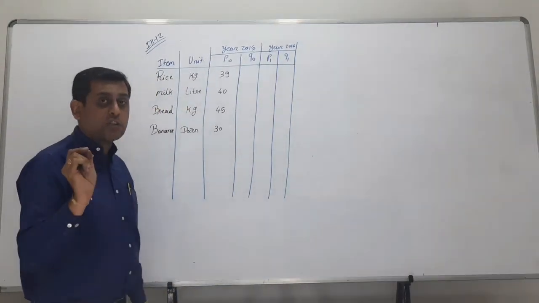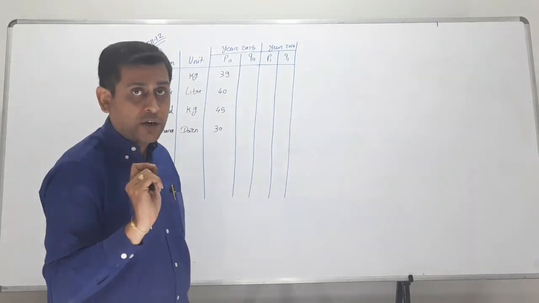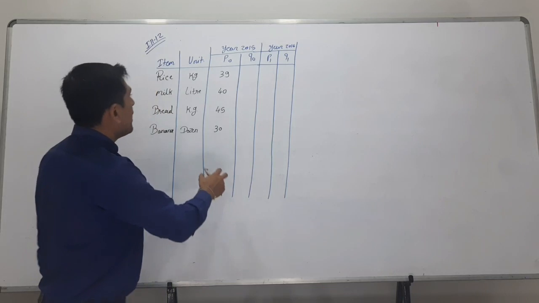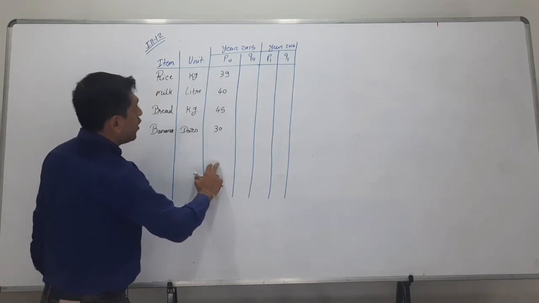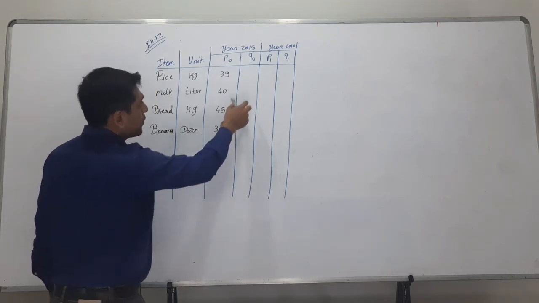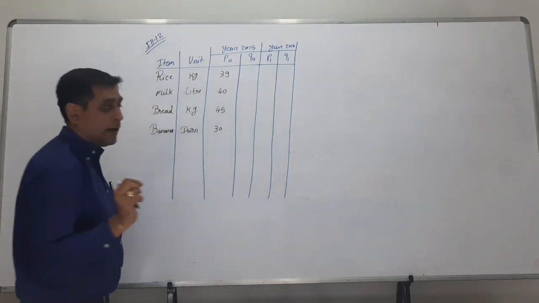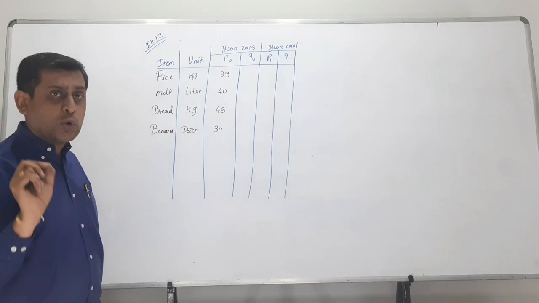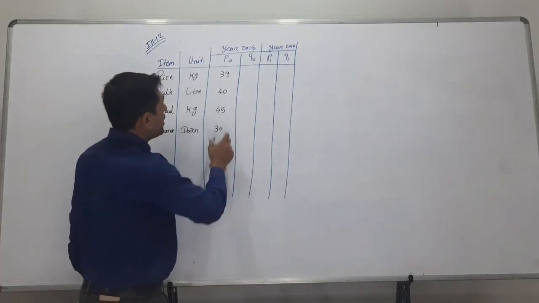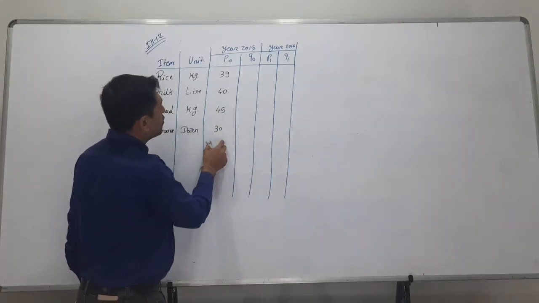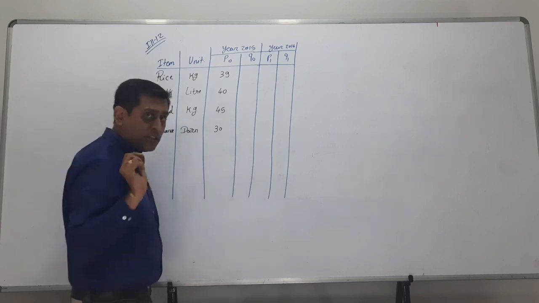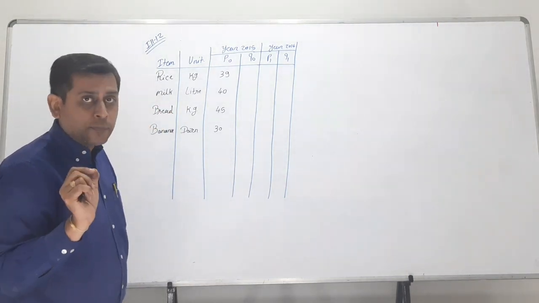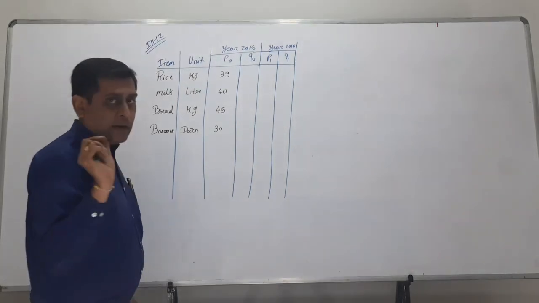They give the 2016 information first and then the 2015 information, but we write 2015 data first and then 2016's data. Whatever style is given in the question, you have to write first the 2015 data, that is base year data, and then only the current year data, compulsory. Okay, keep that in mind.